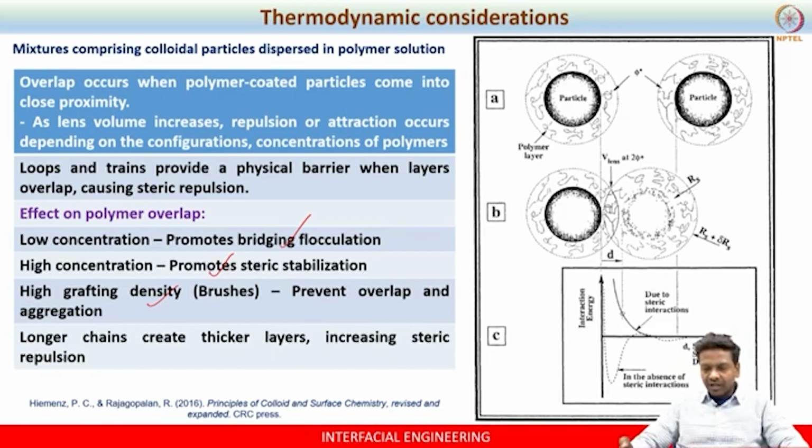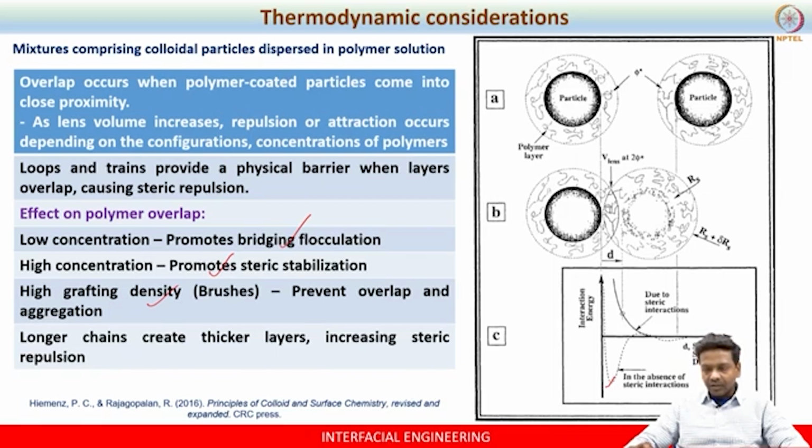So you can see the interaction energy between the particles, surface to surface, as a function of surface-to-surface distance. In the absence of depletion attraction and bridging flocculation, when there is steric hindrance, you would only expect repulsive force. In this plot, the positive y direction represents the repulsive force and the negative y direction represents the attractive force. So in the case of steric hindrance, we will only get the repulsive force.